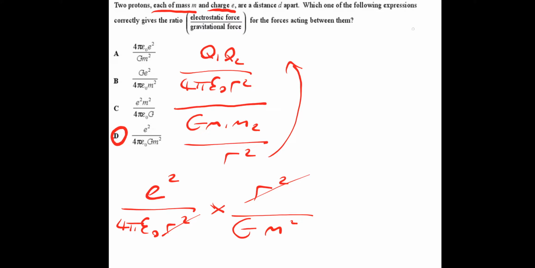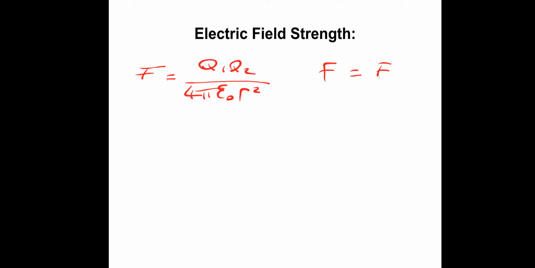Hopefully that went okay. So, electric field strength. Previously we've had F equals, I'll use the full version, Q1 Q2 divided by 4 pi epsilon naught R squared. And we've also got F equals EQ, both from previous lessons.